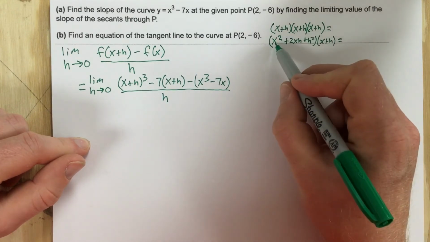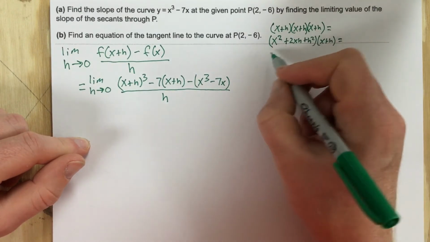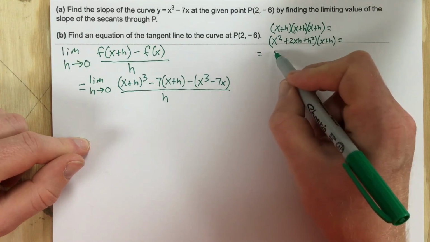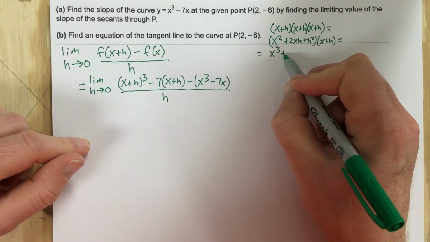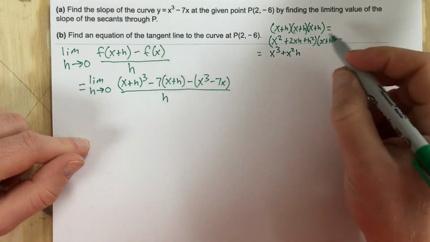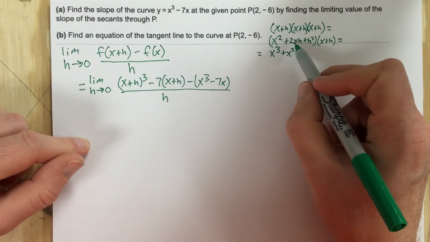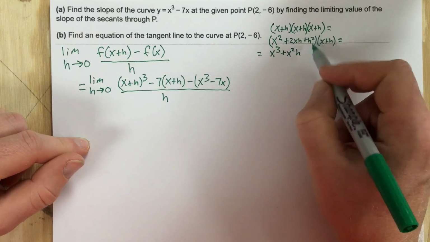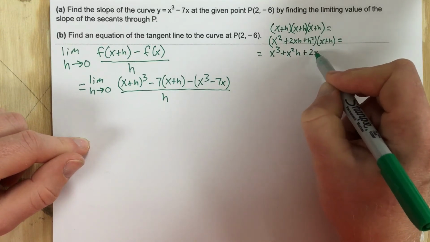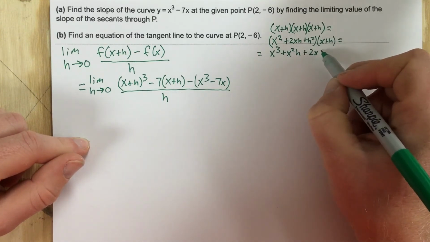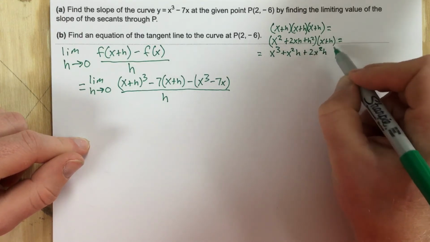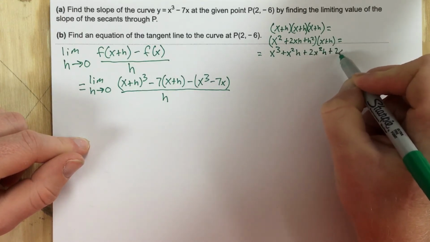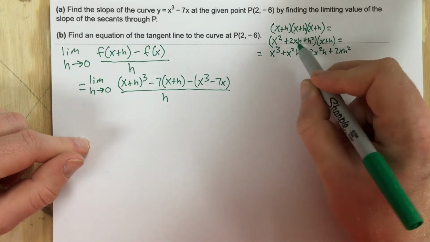When we multiply this out, x squared times x is x cubed. X squared times h is plus x squared h. Then I have 2xh times x, that's plus 2x squared h. 2xh times h is plus 2xh squared.